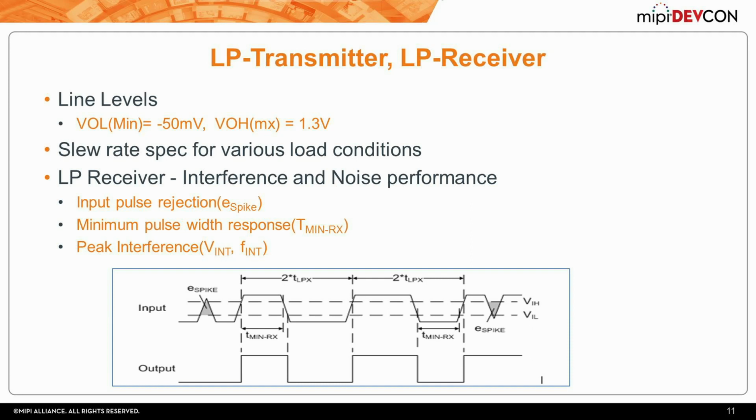One is the E-spike, right? They've defined this spike. There is some parameter defined. We should be able to tolerate a certain area of the spike. Let's say, for example, this is a zero level. If you have a small spike like this, the receiver should be able to reject it. That's what it says. When does that spike happen?